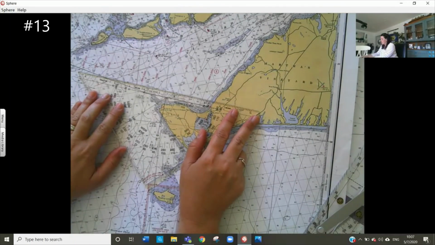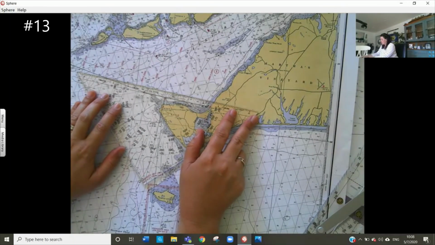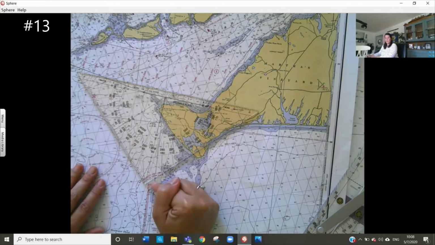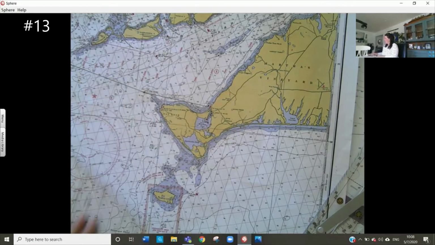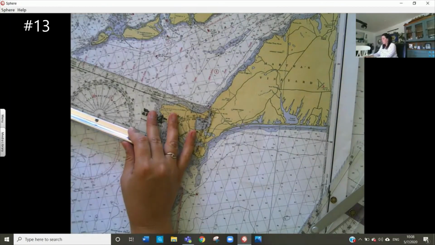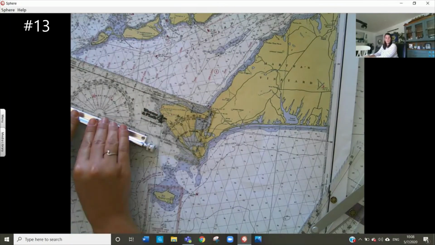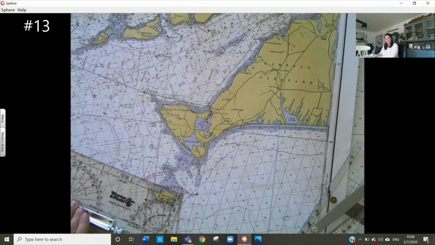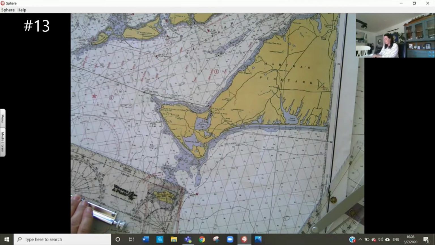So we're going to buoy 1, and we draw in our line, and first step is to put what our course is. So we can either use the triangle right on the course at 096, or we can use our parallel or ruler and bring it down to the compass to get 096.